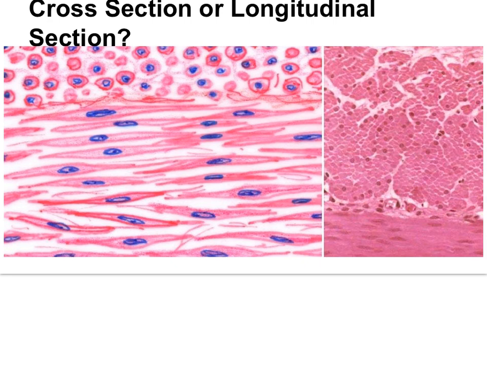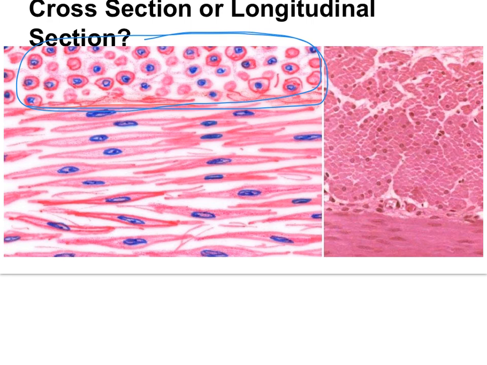So one of the things when you study histology, we're mostly looking through a microscope, and one of the things that you have to be able to tell is whether you're looking at a cross section or a longitudinal section. So up here we see that these cells are actually smooth muscle cells.